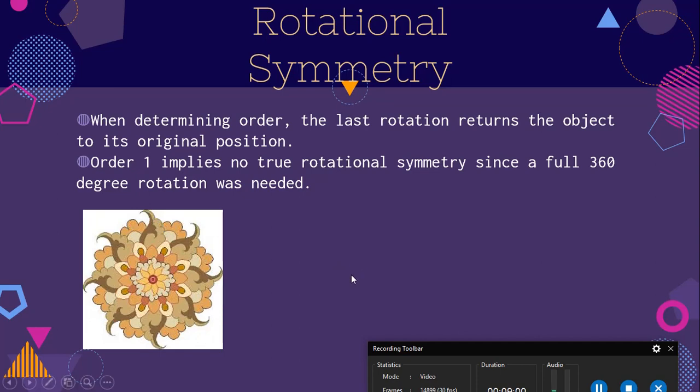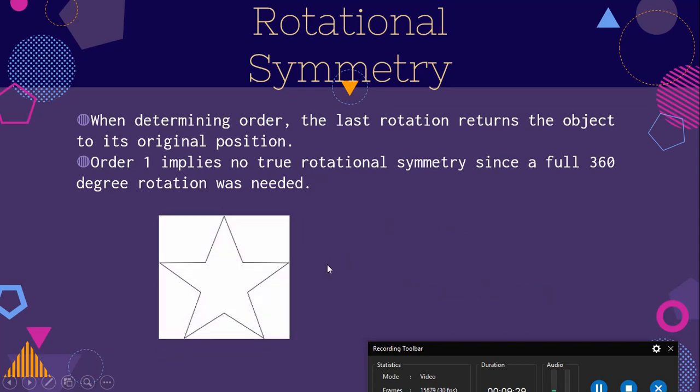So the order is 8, and we're just counting the vertices on the figure. How many degrees, though, to make this top point go to this next location? Because we're using a circular motion, we're going to take 360 degrees. We divide it by the number of corners on the object. So every time I turn this object 45 degrees, I will get an identical image.